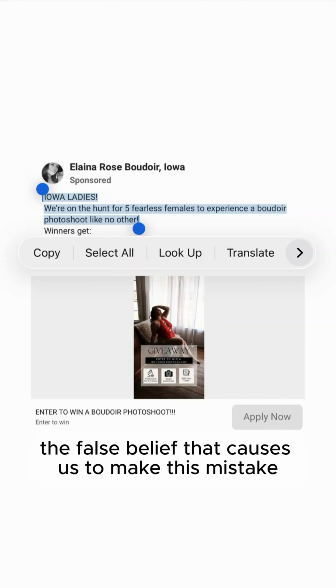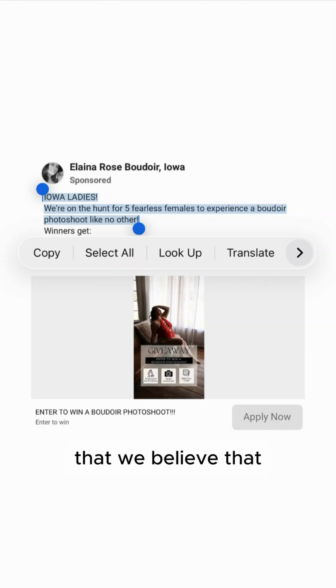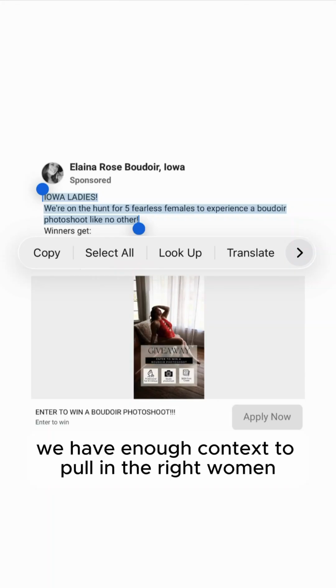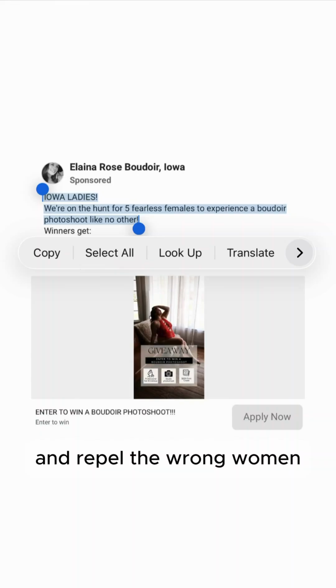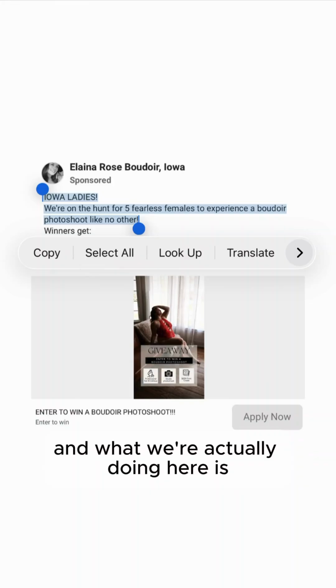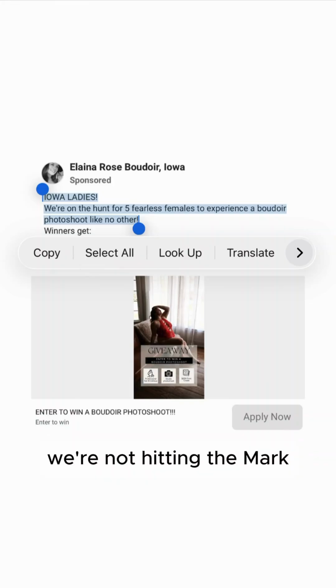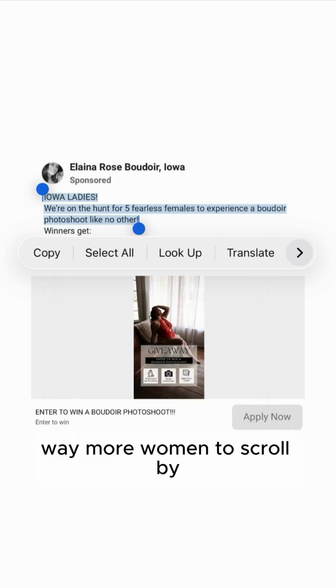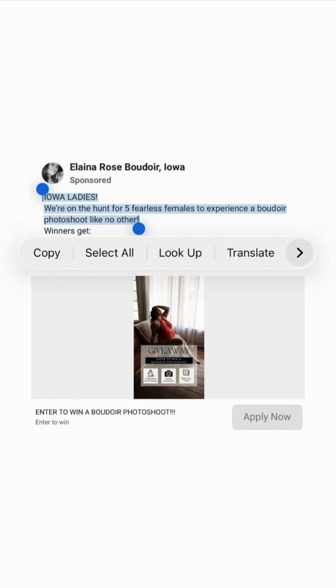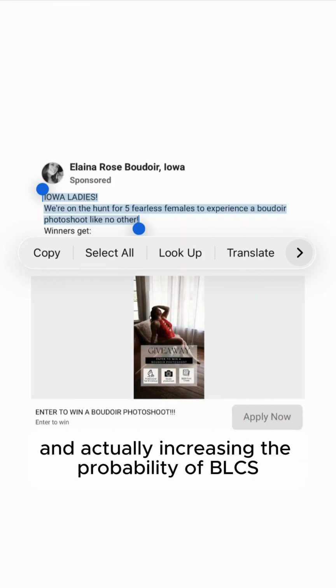The false belief that caused us to make this mistake is that we actually believe we have enough context to pull in the right women and repel the wrong women in the most optimized fashion. What we're actually doing here is we're not hitting the mark, causing way more women to scroll by the Boudoir Facebook ad than necessary, pulling our unique CTR under 6%, and increasing the probability we have BLCS, Boudoir low click syndrome.